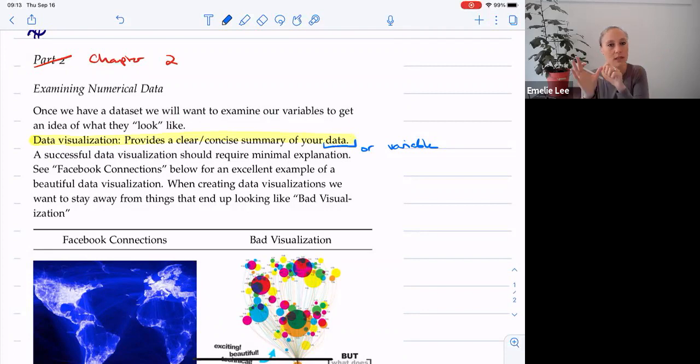It should be really simple, and you shouldn't have to explain a lot of things. That's where people go wrong a lot of the time: they want to make complicated graphs. But that's not the point. The point is to keep it simple.